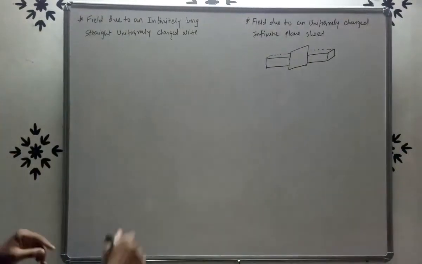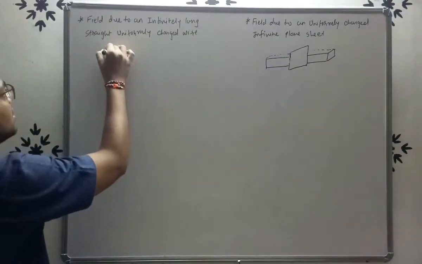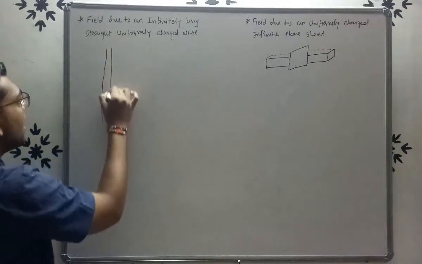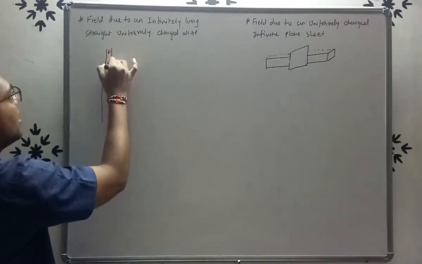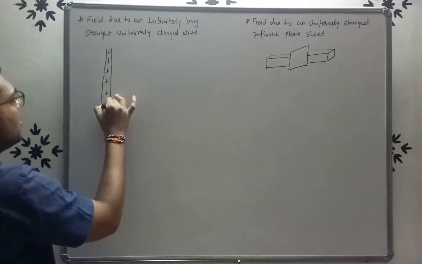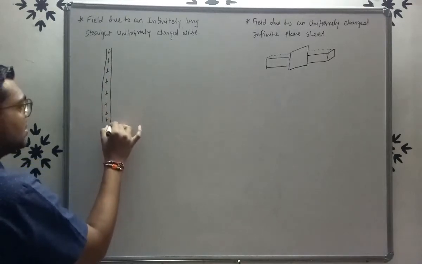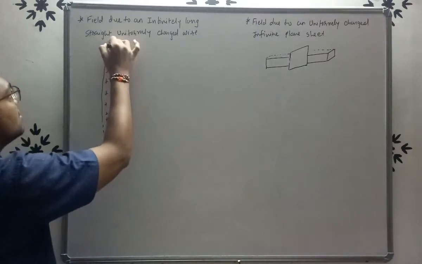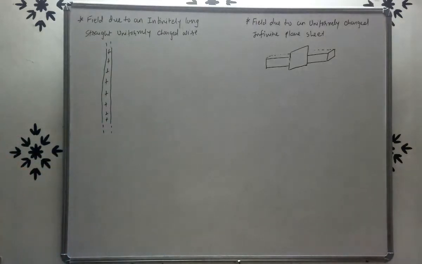So this is the infinitely long straight wire having a uniformly positive charge, right? This is the wire having infinite length, right?